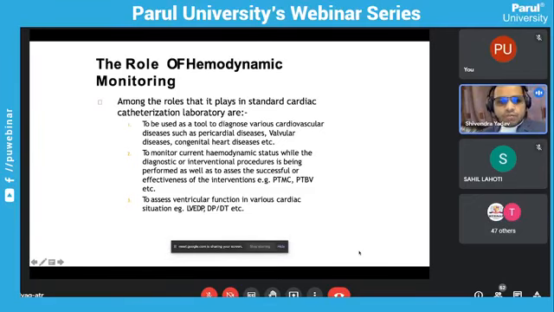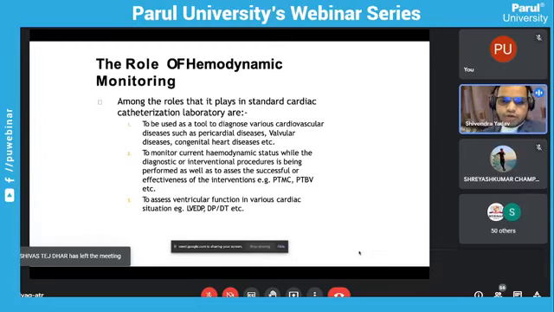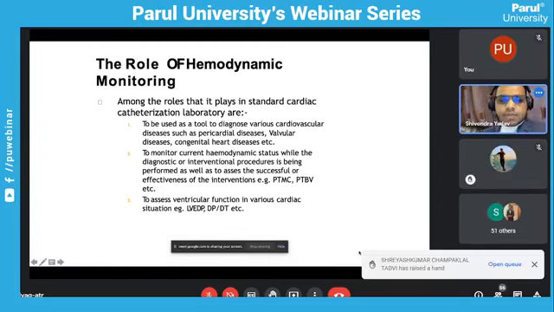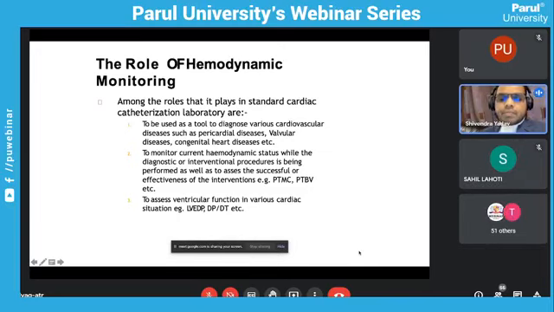So what is the role of hemodynamic monitoring? Why do you need this? It is very important to diagnose various cardiovascular diseases such as pericardial disease, valvular disease, congenital heart disease. Back in the days when echo was not very advanced, the most important tool for any diagnosis was hemodynamic monitoring and assessment.